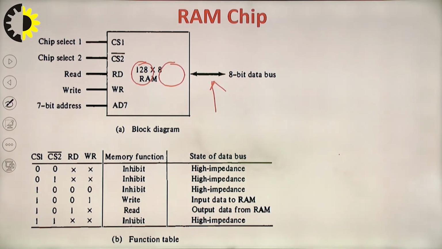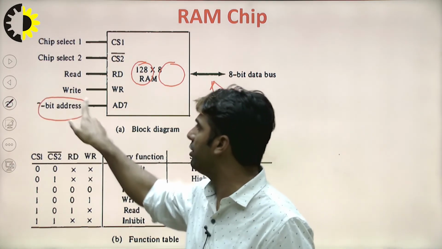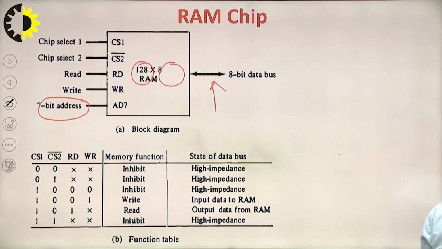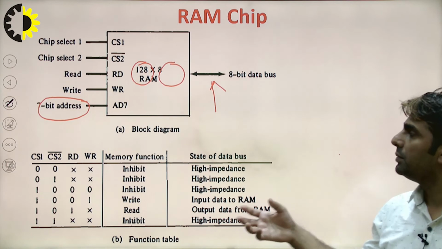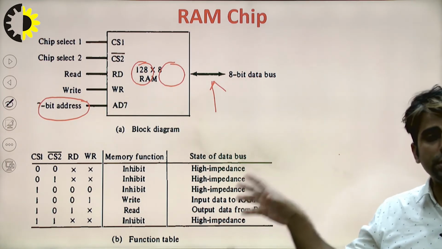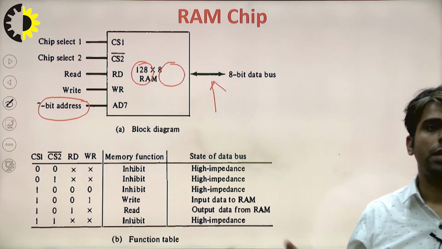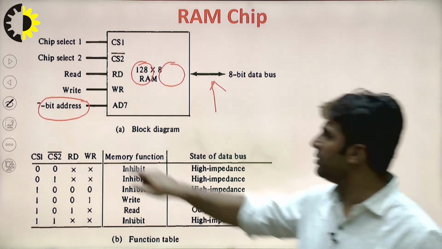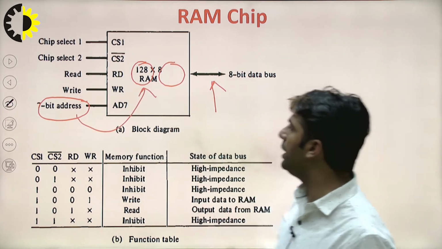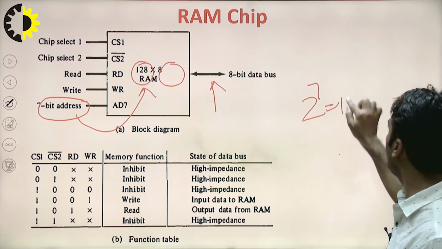Now we should understand how the address lines are 7 bits, because the RAM size is 128 x 8. That means this is the size of this chip, which consists of 1 word of data. So the 7-bit address comes from this 128, since 2 power 7 makes 128.